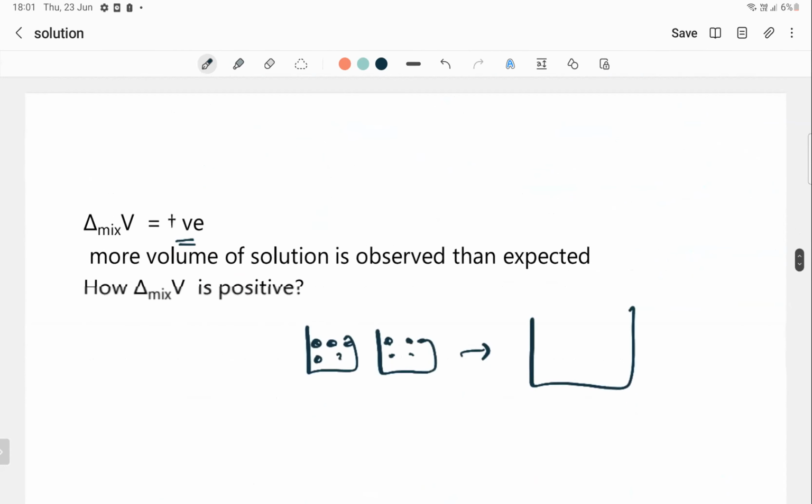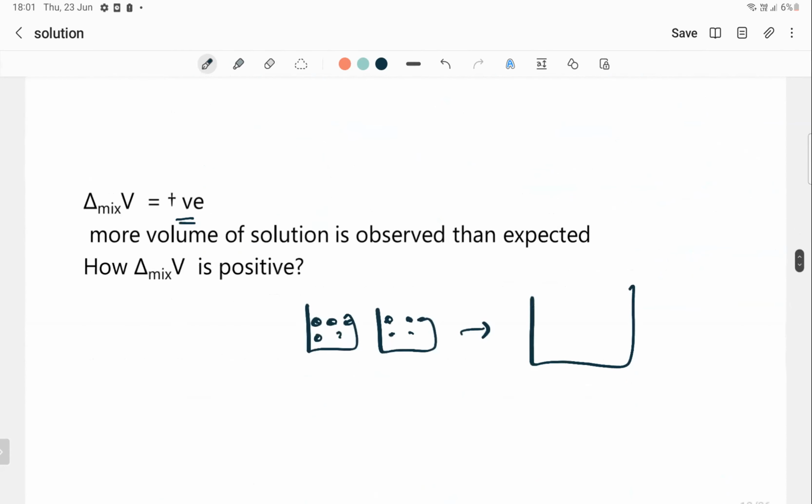So all your solute and solvent molecules will try to move far away from each other, correct? So your volume will increase, and definitely it shows a positive deviation, a higher value.